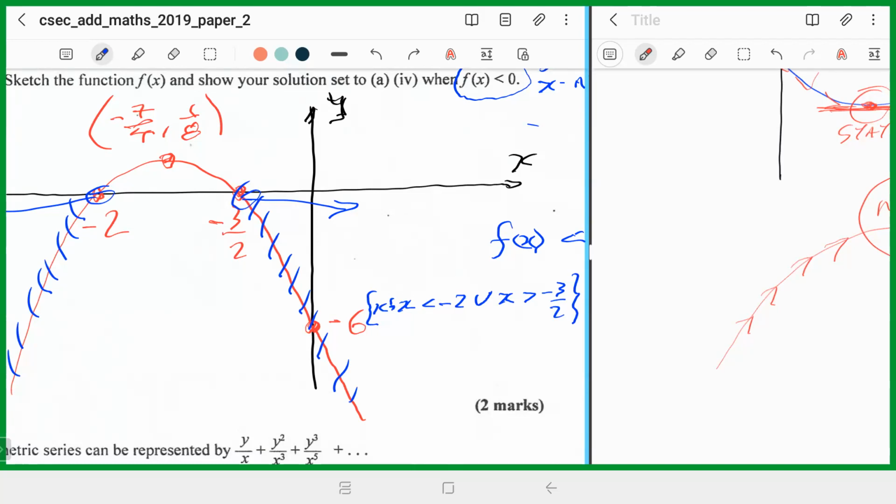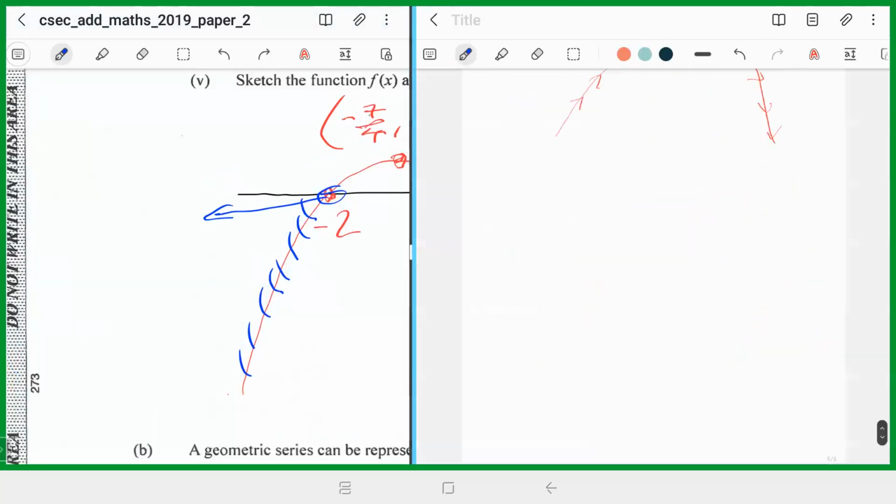So I'm going to give you a little rule of thumb now that you can remember. Add math students, pure math students as well.